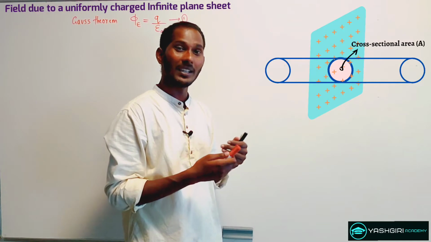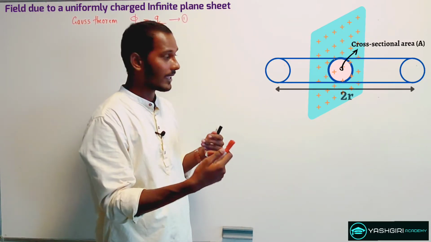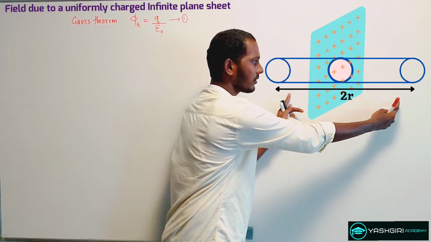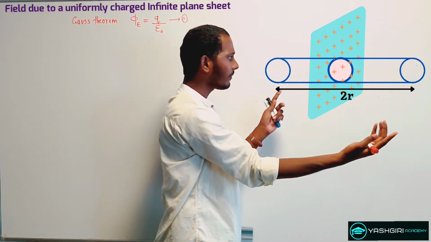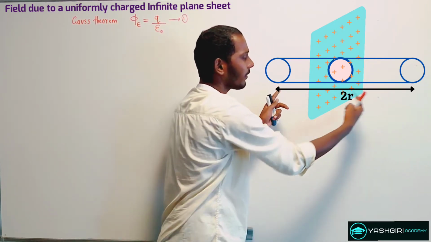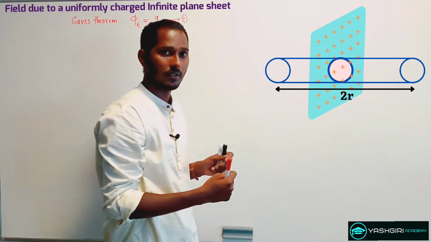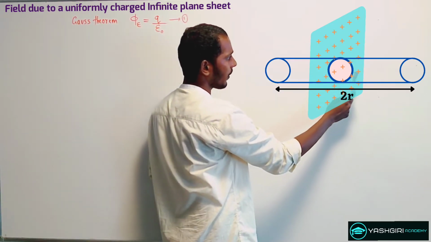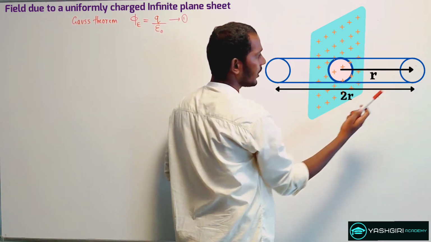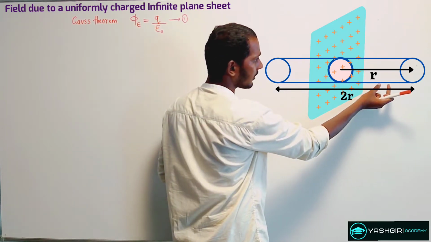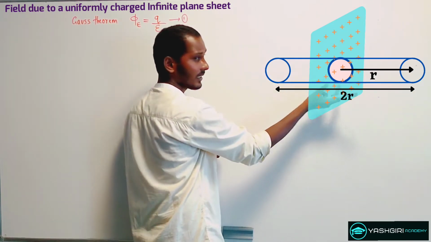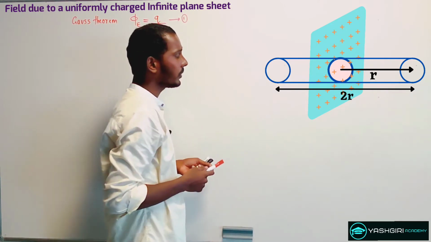This time let me consider 2r as the length L of this Gaussian surface. This is the entire length of my cylindrical Gaussian surface, or else from this point O till this point P you get small r, and it's an equal distance on the other side, so r plus r gives 2r.